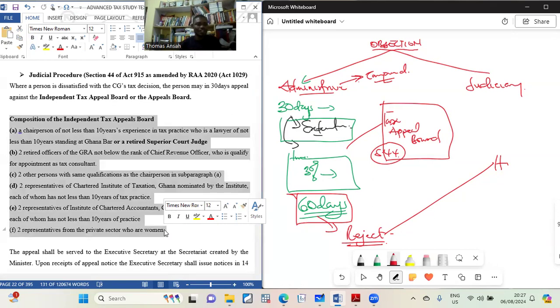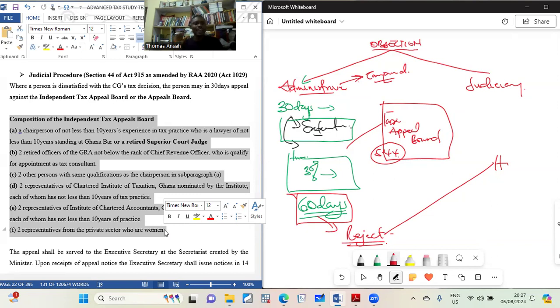Or if you don't get a lawyer who has practiced tax for not less than 10 years, then you need to take a retired Supreme Court judge. Now, why are we creating jobs for retirees? That's a question. So you need that person to be the chairperson.